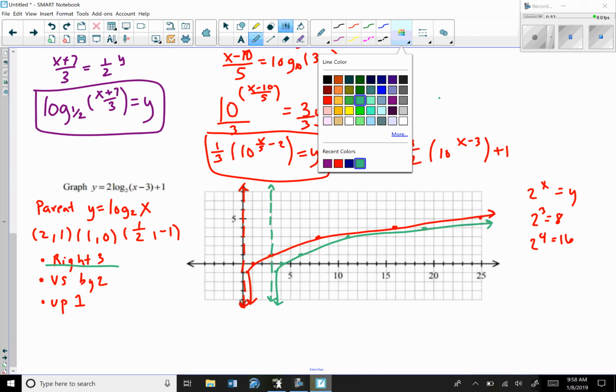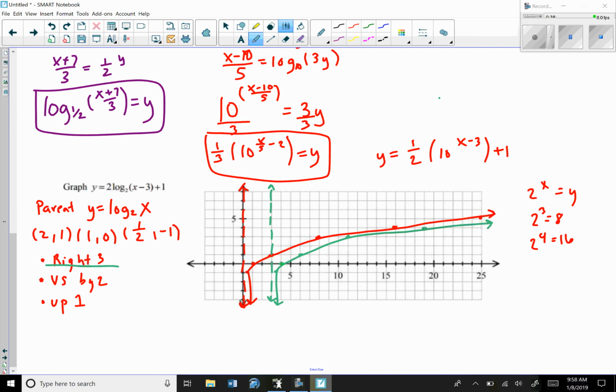The next one we're going to take a look at, orange might be too close to red, so let's do a lighter green. For the next one, we're going to do a vertical stretch by 2. Remember that you're multiplying or changing your y values. So 0 times 2 is 0. -1 times 2 is -2, so that point moves down here. 1 times 2 is 2, so that point moves up.